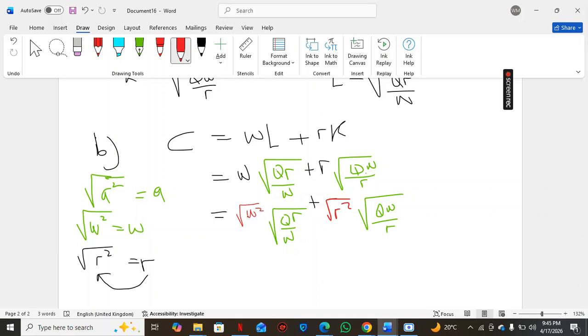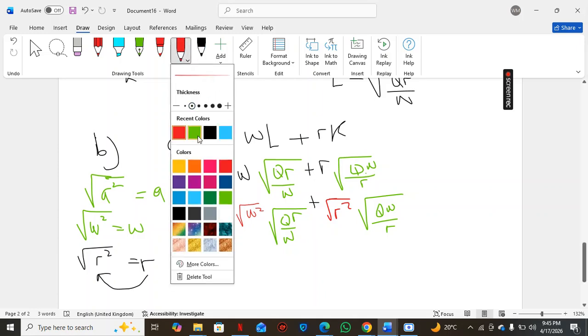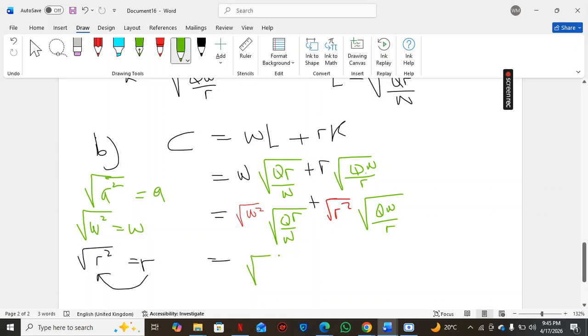This W squared we can multiply with this QR over W, and this R squared we can multiply with this QW over R. When we multiply the square root of W squared times the square root of QR over W, we get QR times W squared over W.